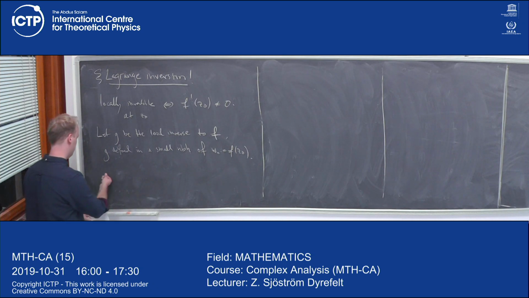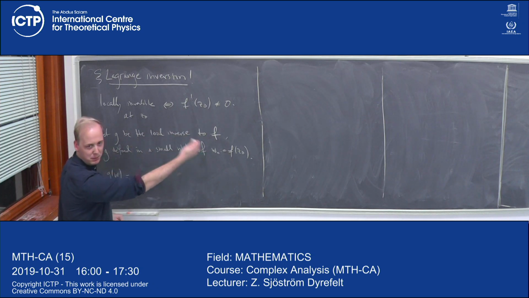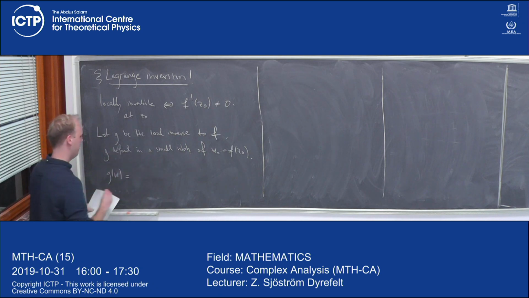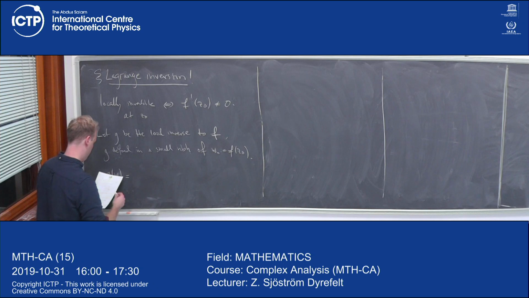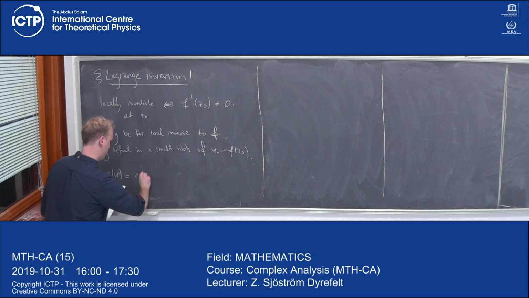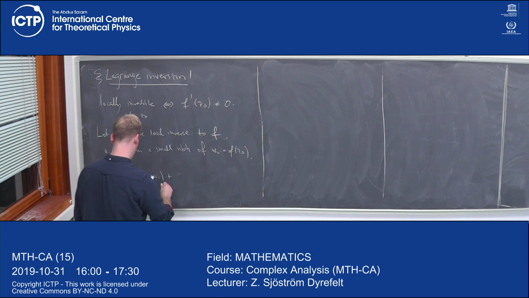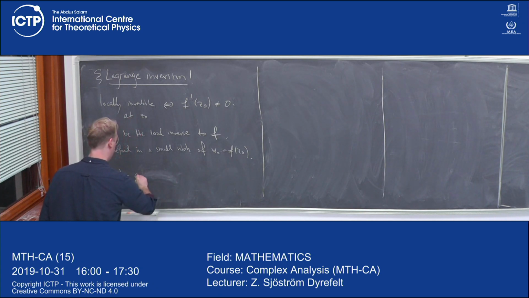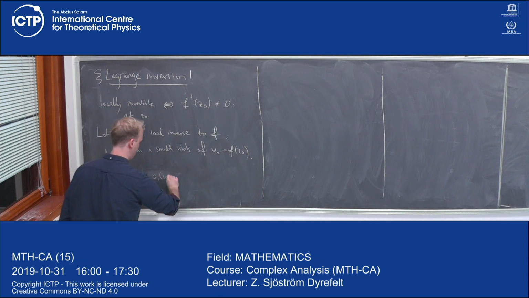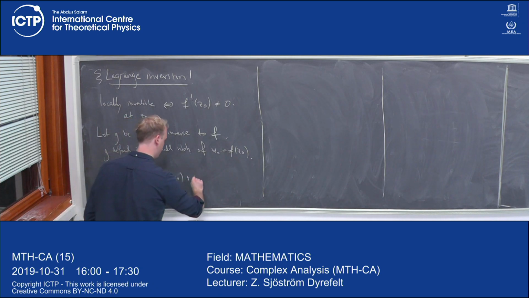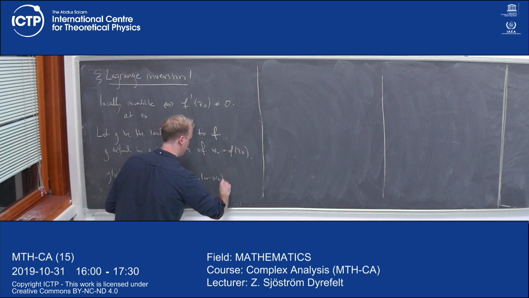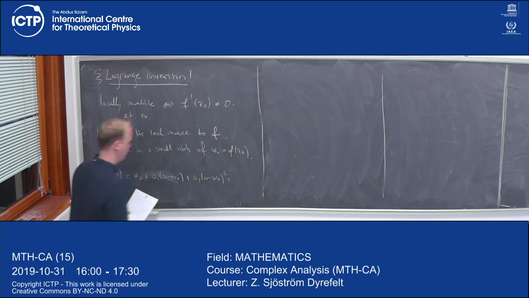So G is analytic, so we can write G of w. I use w now because I am in the image space where the variables are called w. So around this point w0 it is of the following form, and so on.